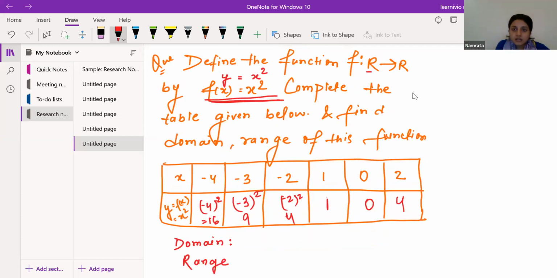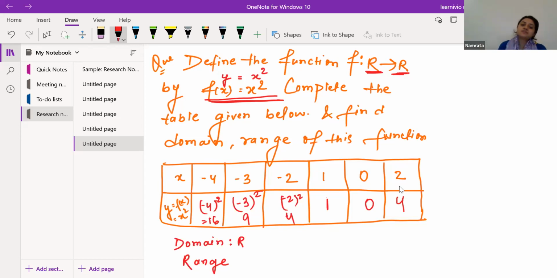As we can see, the function is defined from R to R. So what will be the domain? All real numbers, exactly, because the function is defined from R to R. Even if you can see very few values over here, like -4, -3, -2, 1, 0, 2, that doesn't mean that you will take only those values. Since the function is defined from R to R, we can take any real number for x.